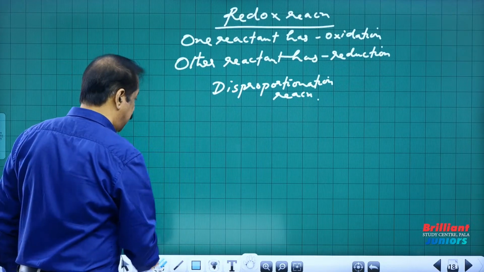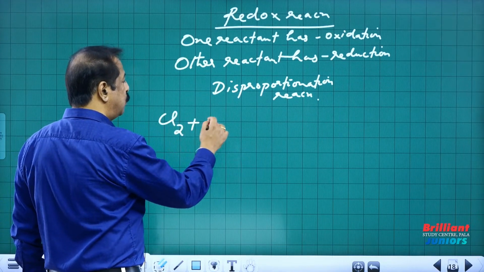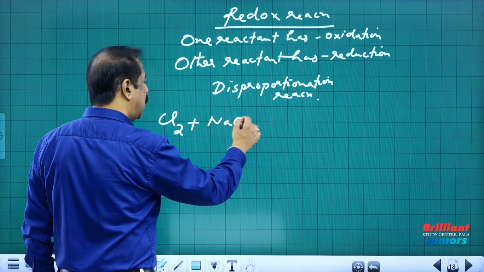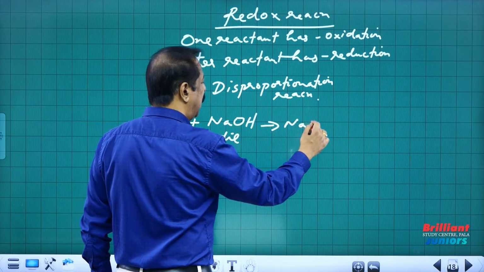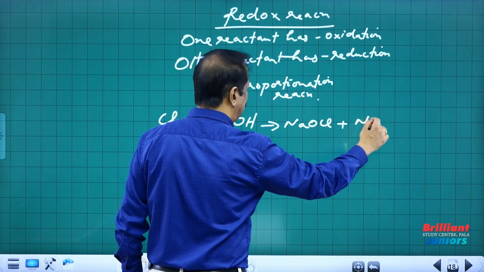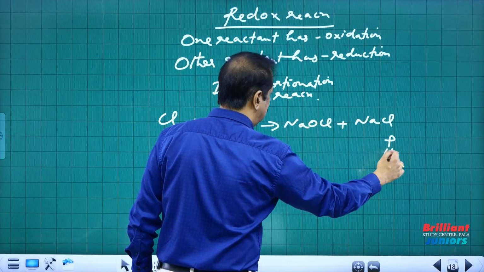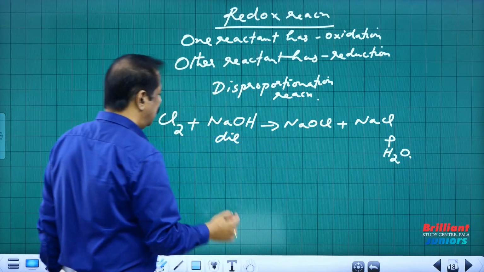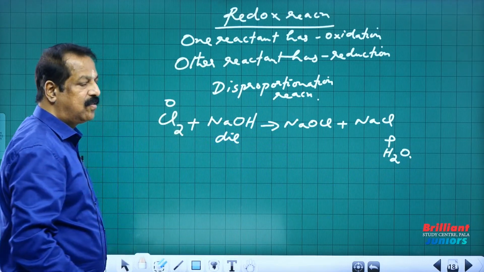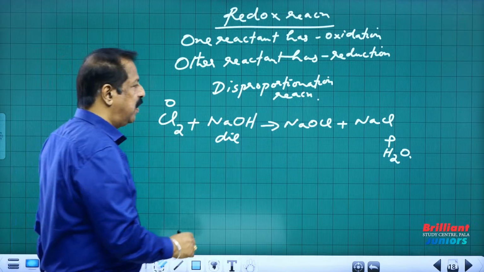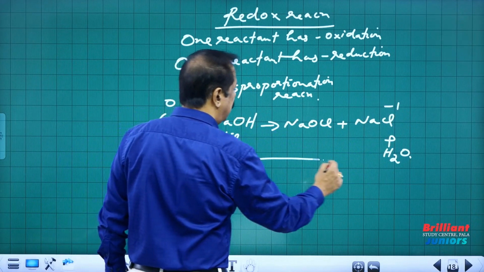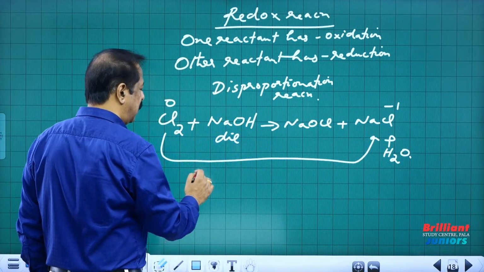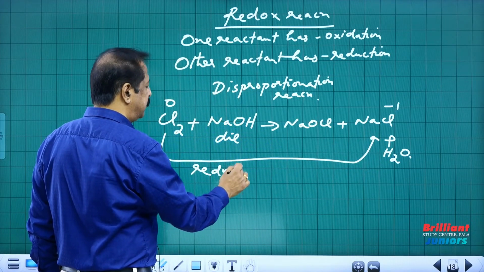You pass chlorine gas through dilute NaOH. The product is NaOCl plus NaCl plus water. So here chlorine in the elemental state has oxidation number 0. But when it becomes NaCl, it is -1. So the oxidation number decreases, so we call it reduction.